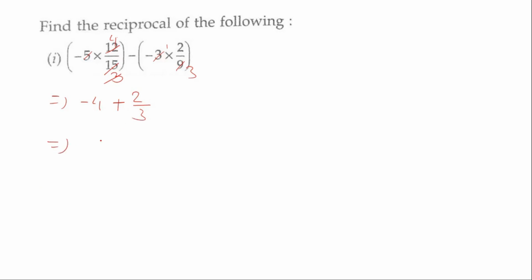So 4 3s are 12. There is nothing below 4, that means we have to write 1. Now find the LCM of 3 and 1, that is 3 only. So 3 4s are 12, minus 12 plus 2 by 3. It will be minus 10 by 3.